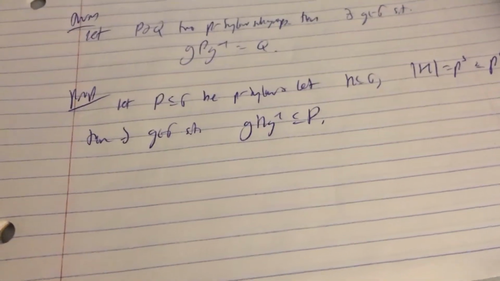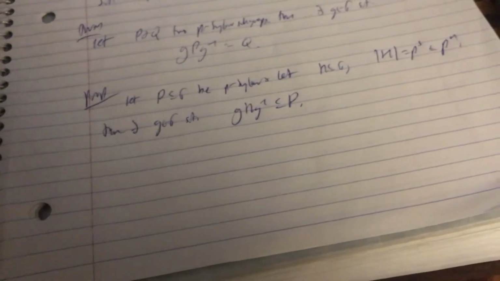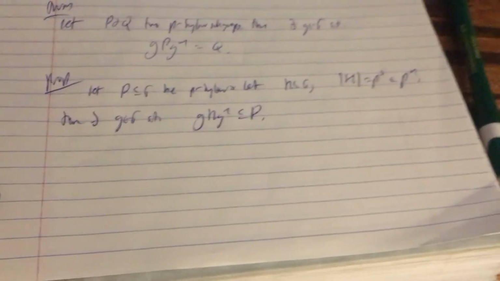But for now, this is actually a stronger thing. I guess this is also sometimes called the second Sylow theorem. Well, they're kind of equivalent. Anyway, you can conjugate any p-group into your big P.